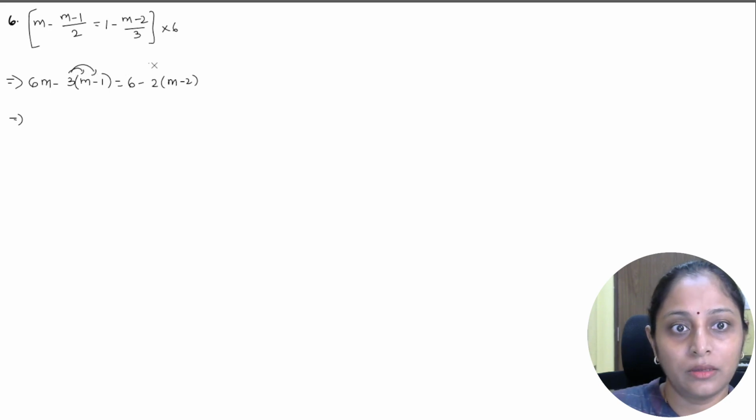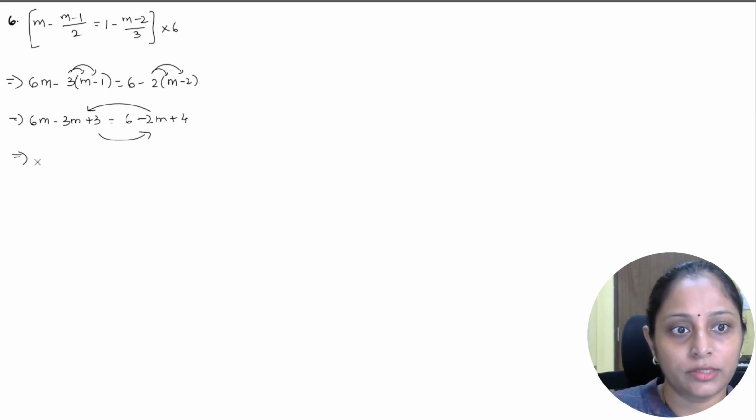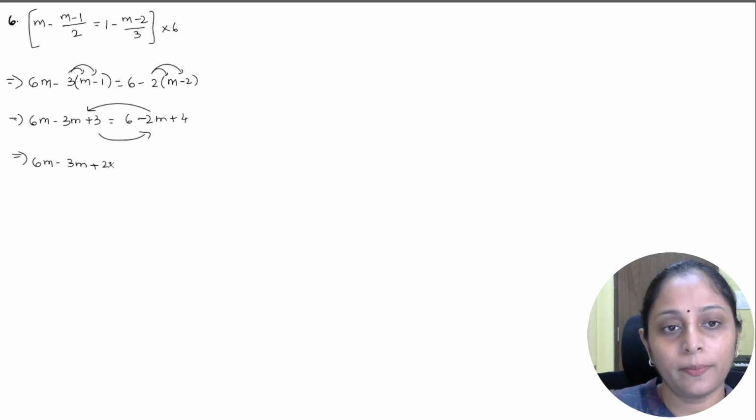Again, please make sure that you don't forget there's a minus sign here, okay? So minus 3m, minus into minus becomes plus, okay? Minus 2m, again here minus into minus will become plus, so 2 2's 4. Now use the transposition, variables on LHS, constants on RHS. 6m minus 3m plus 2m is equal to 6 plus 4 minus 3.